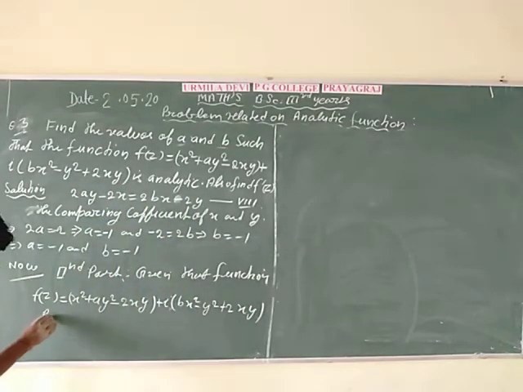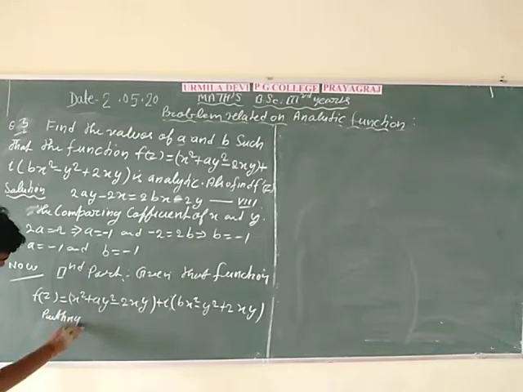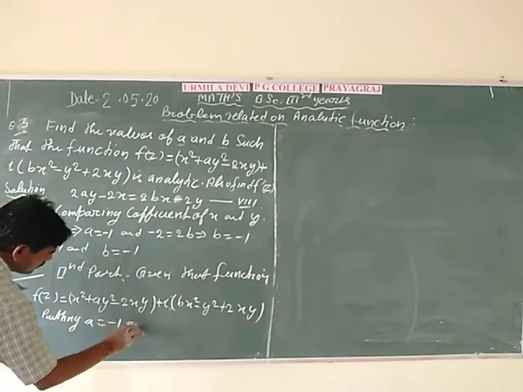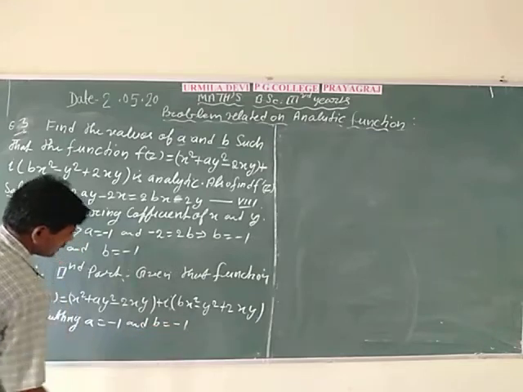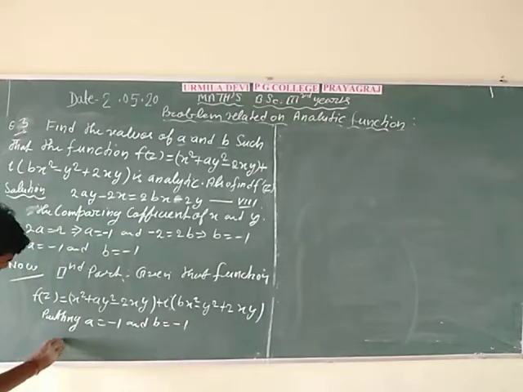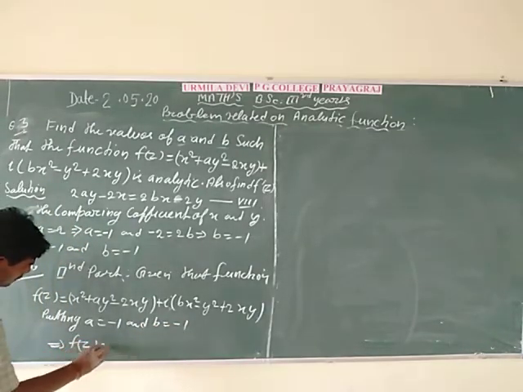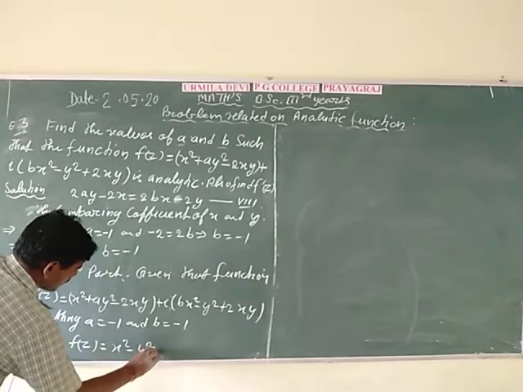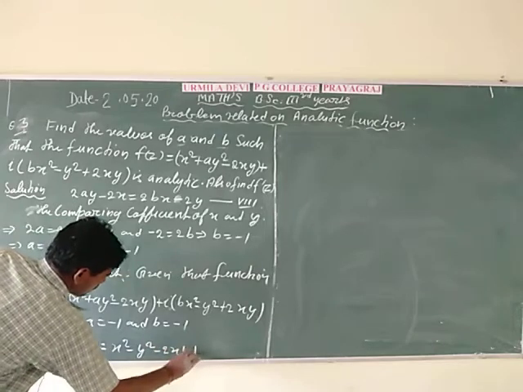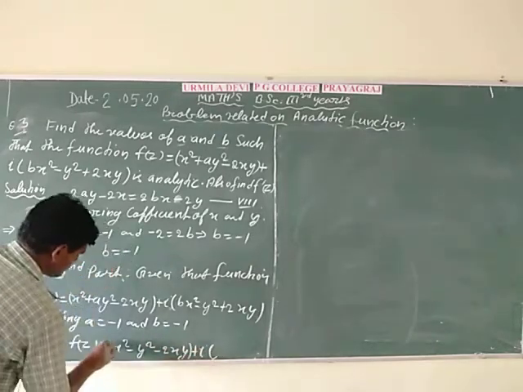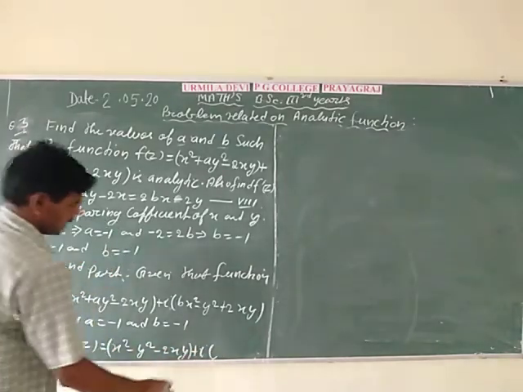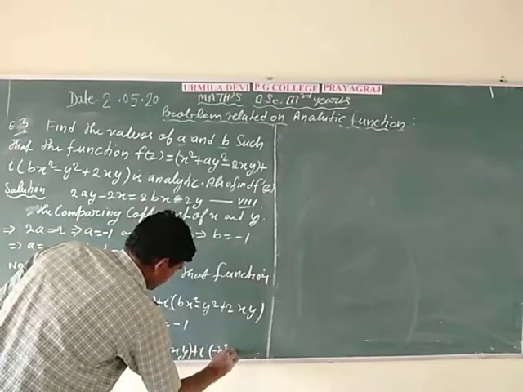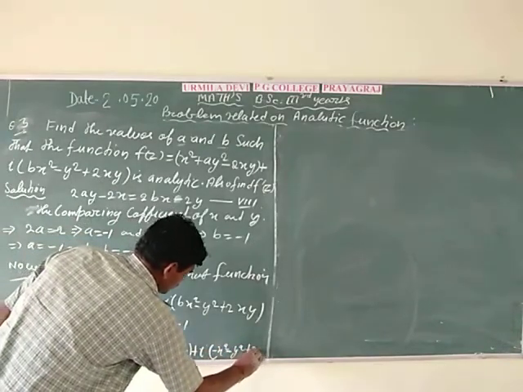Putting a is equal to minus 1 and b is equal to minus 1, f(z) is equal to x square minus y square minus 2xy plus i times minus x square minus y square plus 2xy.